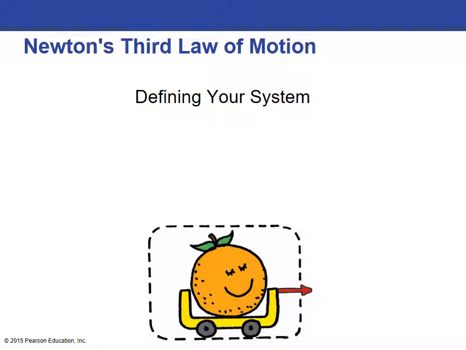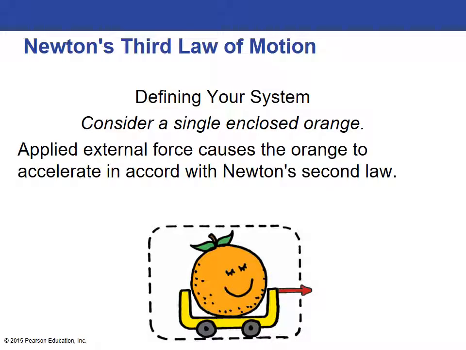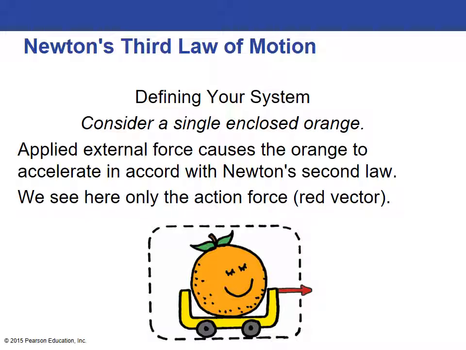So moving forward, when we look at our systems and try to solve our problems, we need to be very specific about what our system is. So in this case, if we have an orange on a cart and there is a force applied, an external force, it will accelerate. And what this diagram is showing is only that external force.